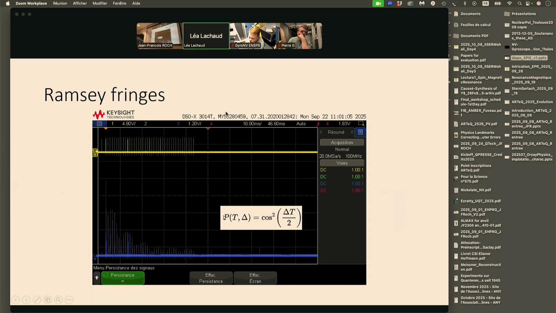This is due to the fact that according to the Ramsey formula, at fixed detuning, if you vary the time delay, you're going to observe such oscillations, right? Measuring the frequency of these oscillations could get us to the detuning, could give us the normal frequency in the end, right?